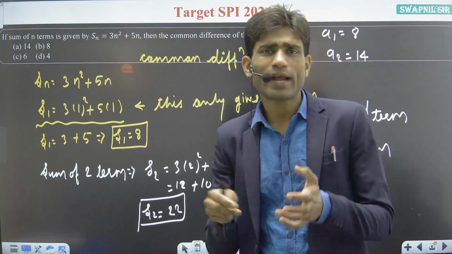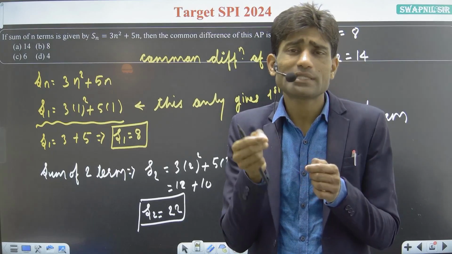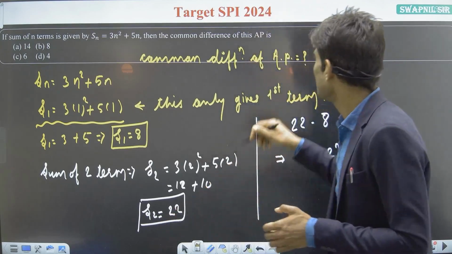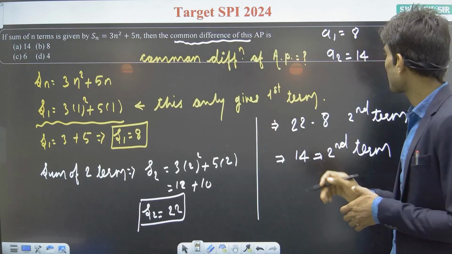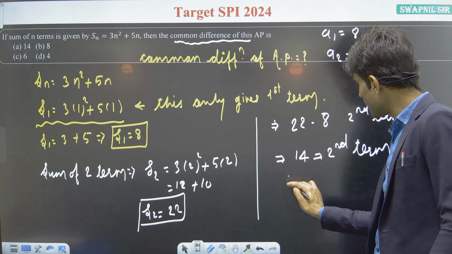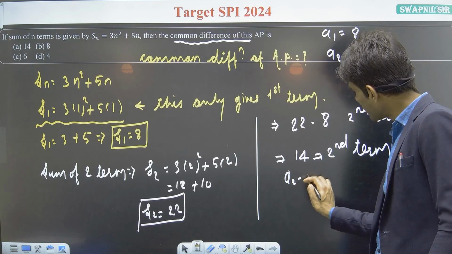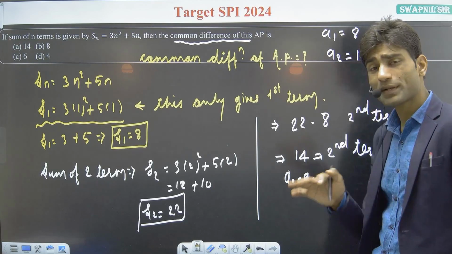When we find the difference between these two terms, A2 minus A1, we will get the common difference of our arithmetic progression. Let's go for finding A2 minus A1. This is the common difference for two terms.